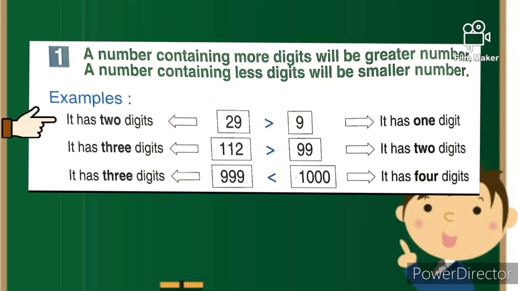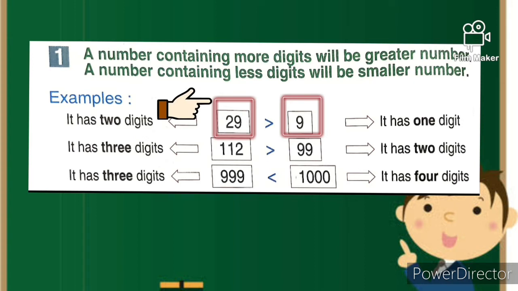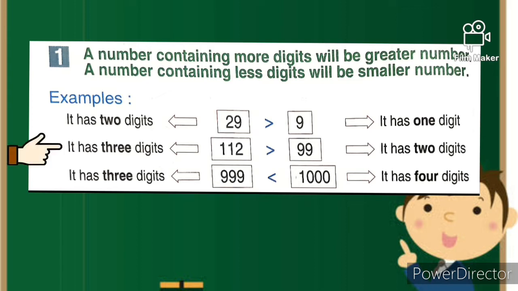See, the first one, the number is 29 and 9. Here 29 has 2 digits whereas 9 has 1 digit. So in this example 29 is the bigger number or the greater number and 9 is the smaller number. Let us take another example.